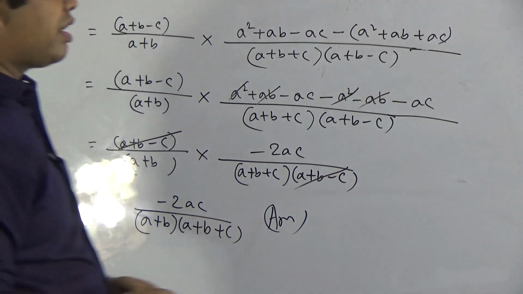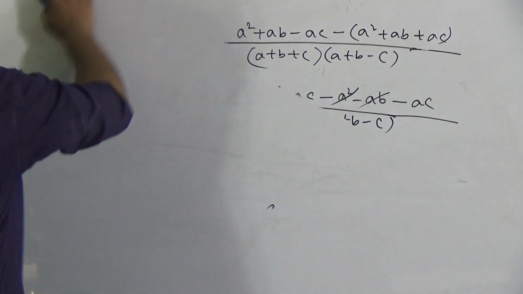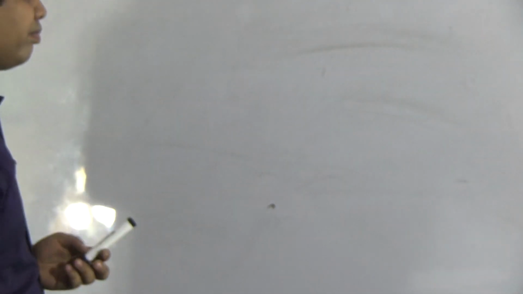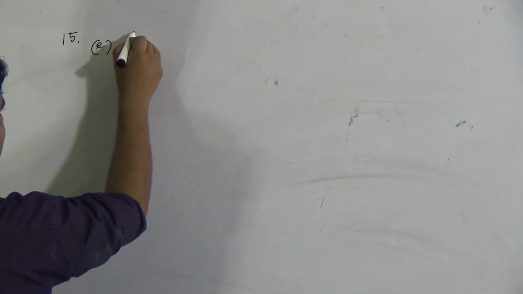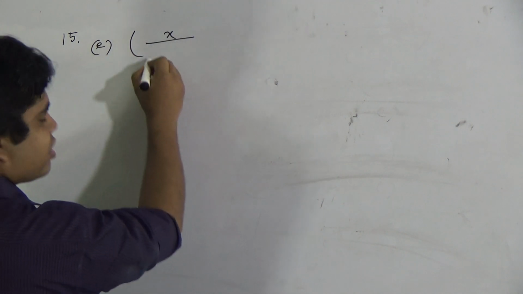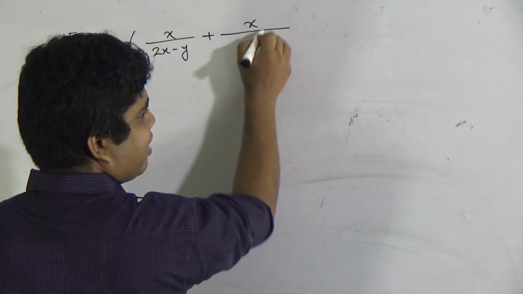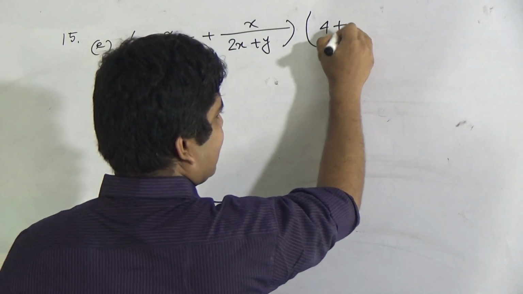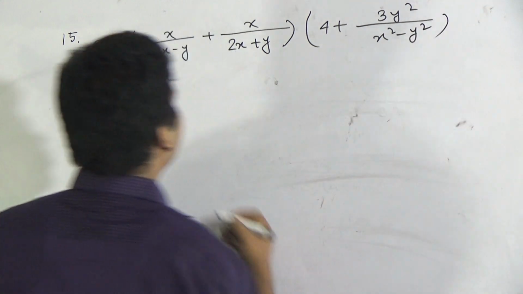Next we shall solve question number E. My dear students, similar to question number C, and the question is x by twice x minus y plus x by twice x plus y, plus 3y square by x square minus y square.